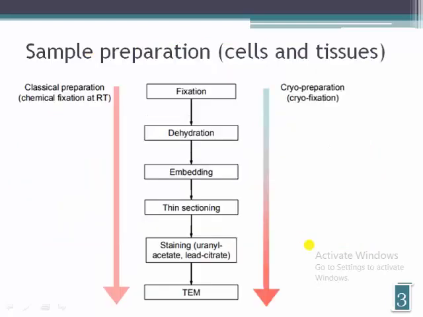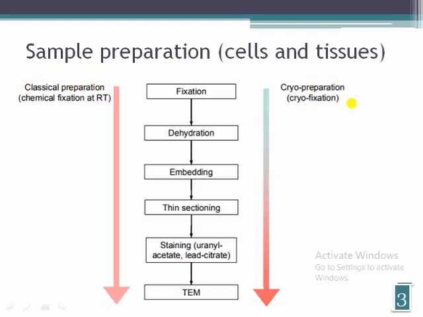Now we will see the sample preparation. As I said in my previous lecture, the sample preparation is very hard in this transmission electron microscope. So here, see, there are two pathways to prepare a sample. First is the classical preparation pathway and second is the cryo preparation pathway.